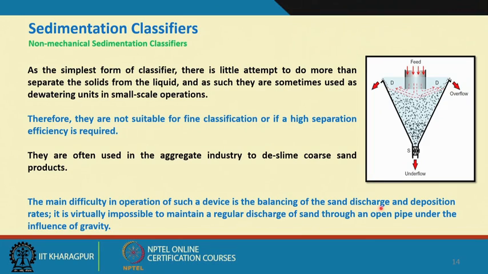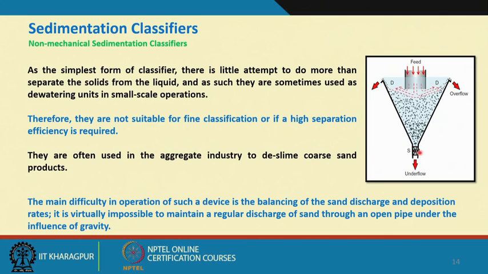The main difficulty in operation of such a device is the balancing of the sand discharge and deposition rates. That is, how do I control this valve? Nowadays you can have pneumatic valves, or pressure gauges, and when the pressure builds up beyond a certain value, you can automate this.